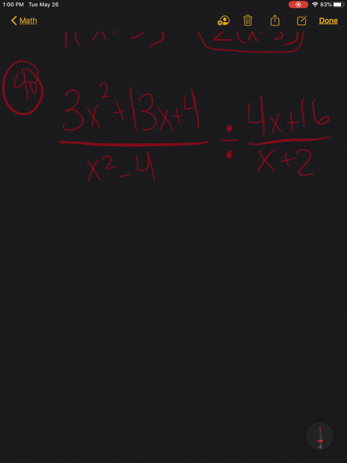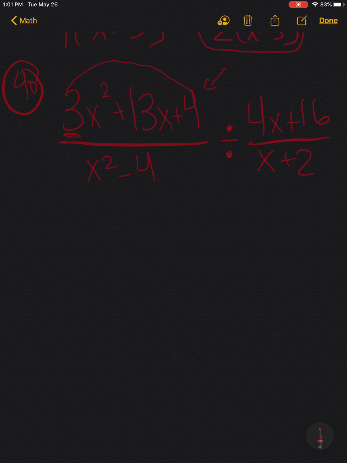So the first thing you want to do, just like in the previous problem, is factor. Factor whatever you see can factor. So right here in this numerator, this is the Australian method, okay? That's because there's a leading coefficient here other than 1, and it's not the greatest common factor. So let's go right into the method.